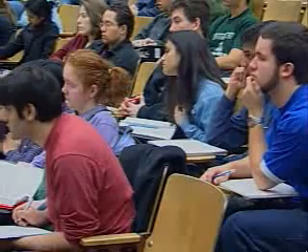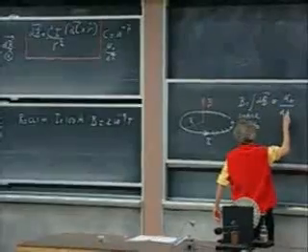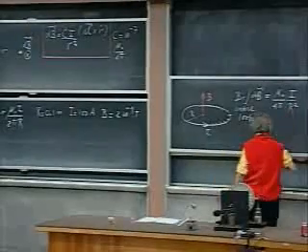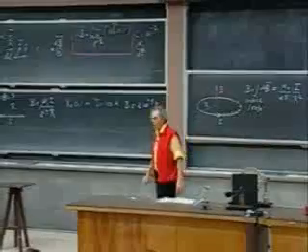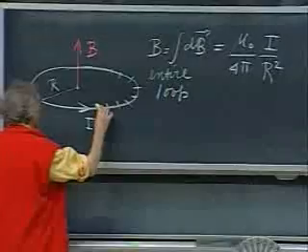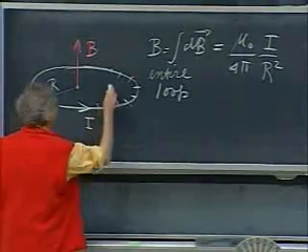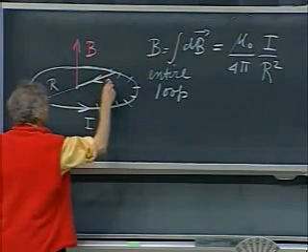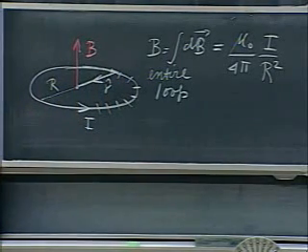So if you go there, you would get your mu 0 divided by 4 pi, you get your current I, and you get your 1 over r squared. And now you have to do an integral over that dl cross r. Well, r is, of course, always perpendicular to dl. Any element dl that you choose, the unit vector r is exactly perpendicular to the element dl, because that's the characteristic of a circle.